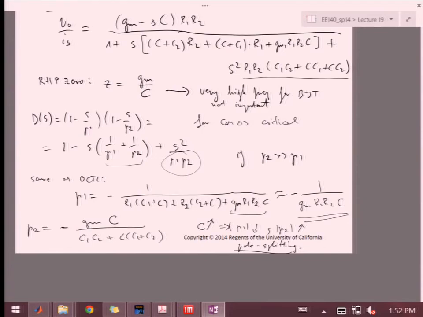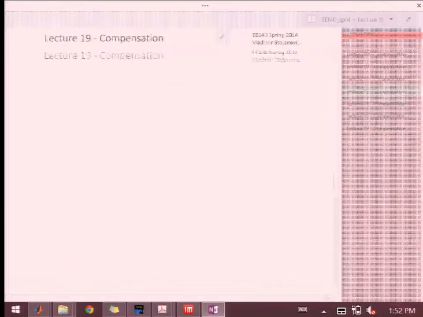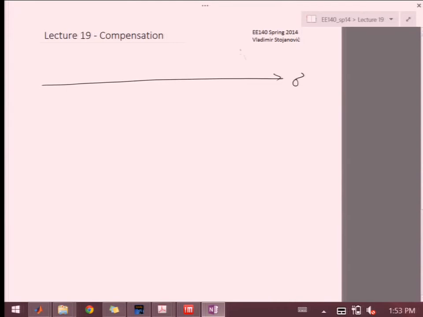Okay, so let's take a look at some expressions for that. If we draw sigma versus j omega, what we had was a pole 1 and a pole 2.